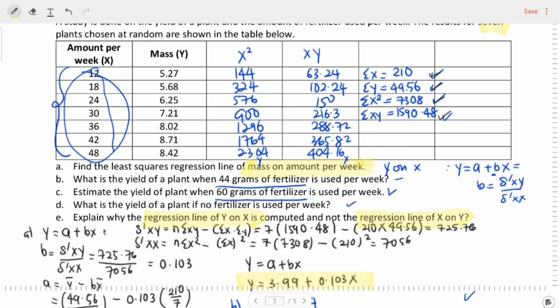So which one are we going to use? It depends on which variable is set as your independent variable. Independent variables mean the variables that have been controlled. We set the values, we control the values. This time, we control the values of x. Let's say the first one, we try with 12 amount of fertilizers per week.